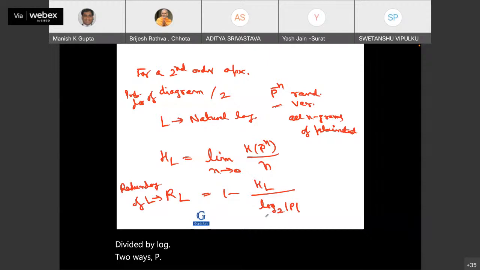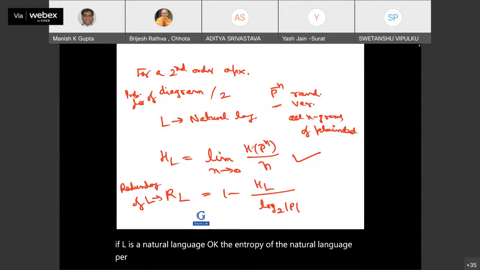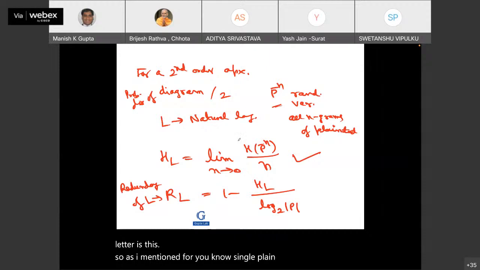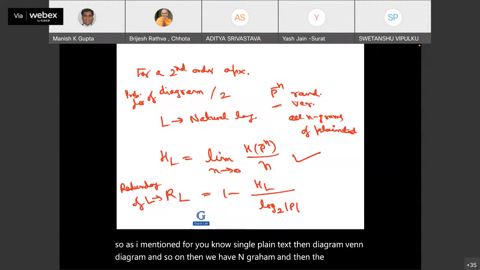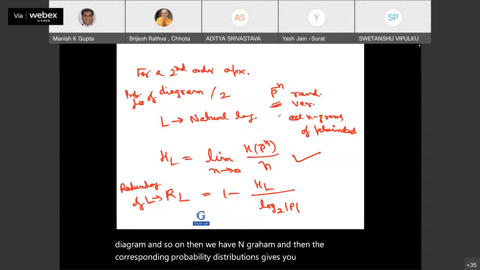Okay, so this is our entropy. If L is a natural language, the entropy of the natural language per letter is this. So as I mentioned, for single plain text, then digram, then trigram, and so on, then we have n-gram, and the corresponding probability distributions give you some random variable P bar n.